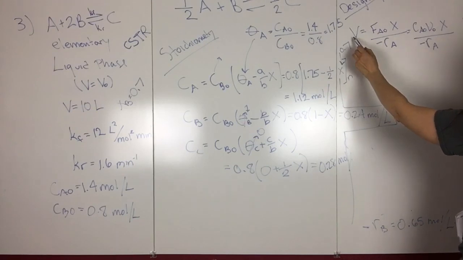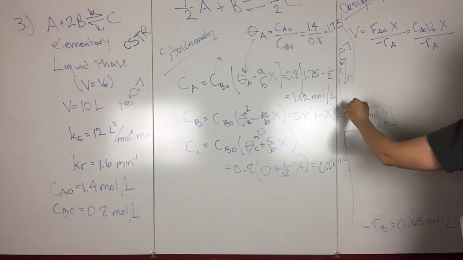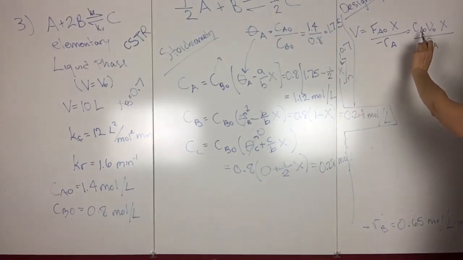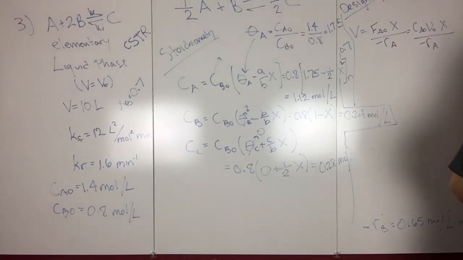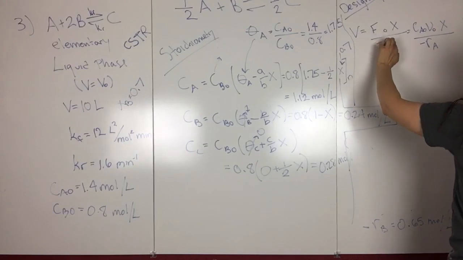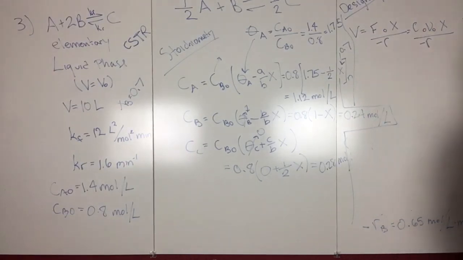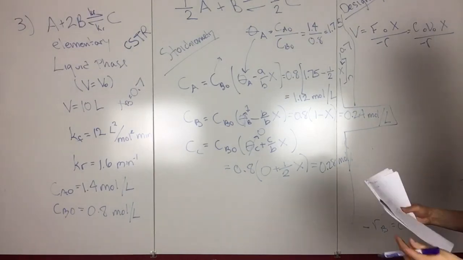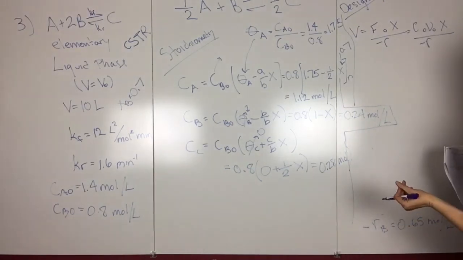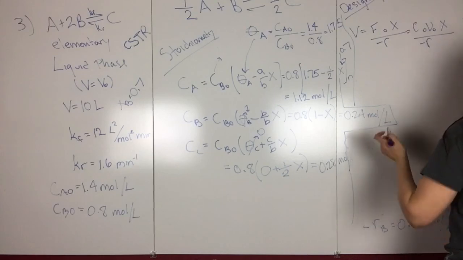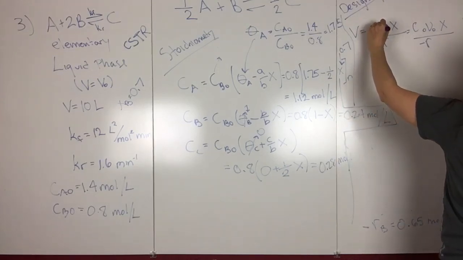We know what the volume is. We know what Ca naught is. Actually, I'm already screwing this up. This is in terms of B. See, this is what I mean. You get really used to just writing things in terms of A, but in this case it's with B as a basis. You need to be really careful with that.